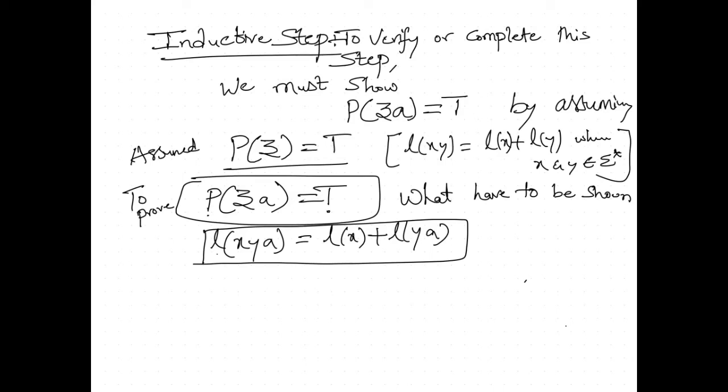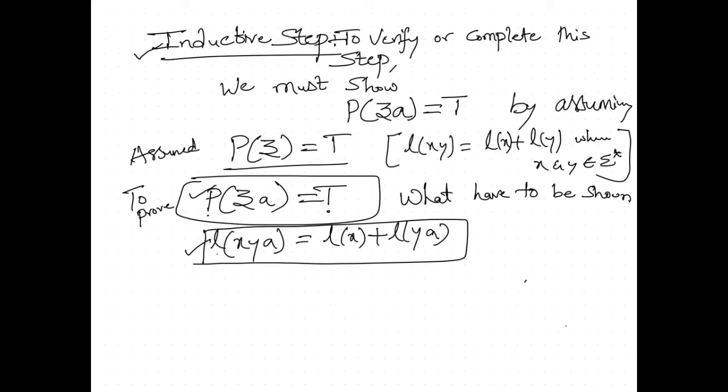See here, L of xya is equal to L of x plus L of ya has to be shown, right? If I show this particular thing, I can declare P of ZA is equal to true. Once P of ZA is equal to true, then I can say that the inductive step is verified.